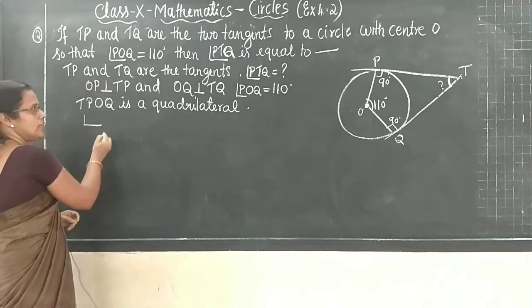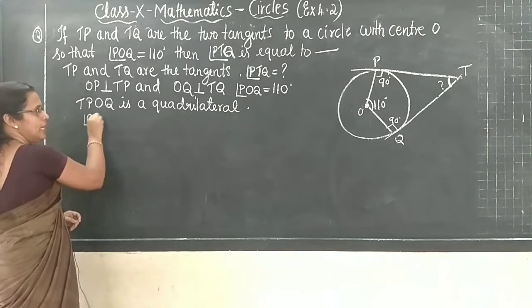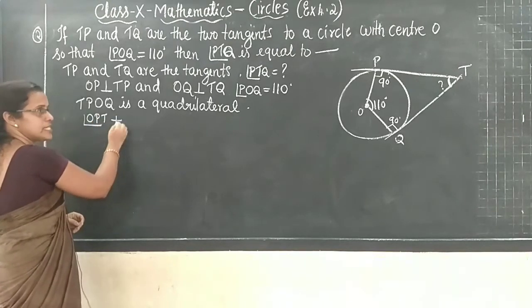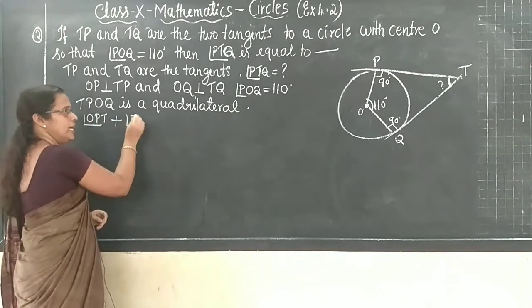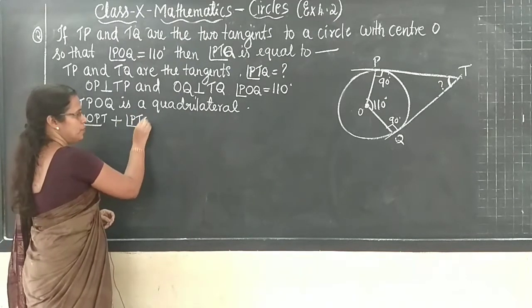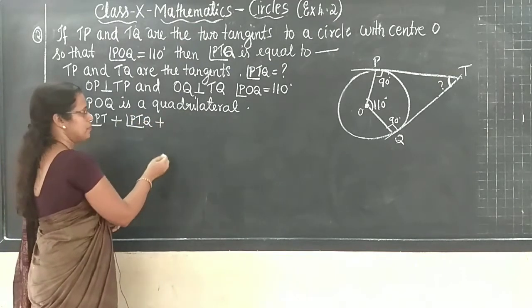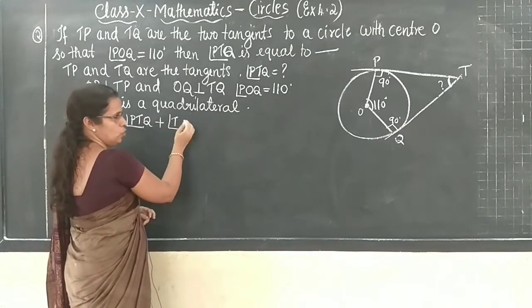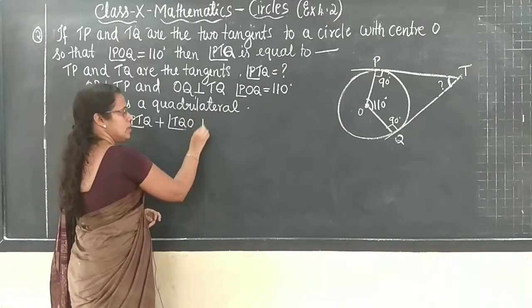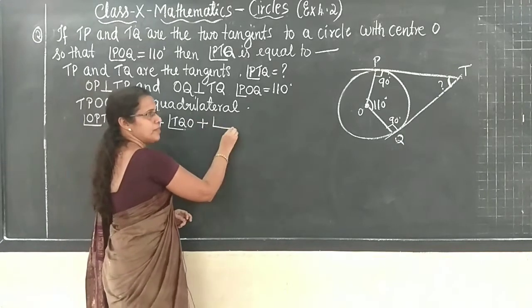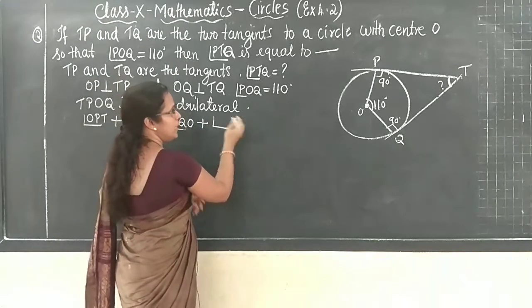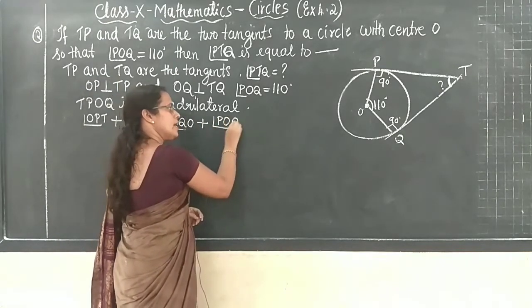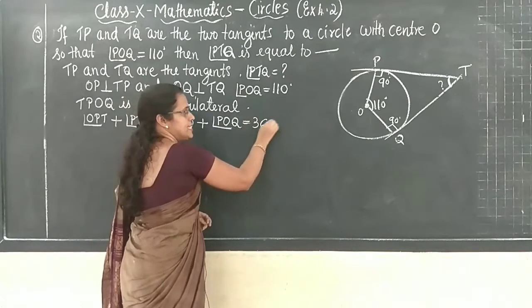See here: angle OPT plus angle PTQ plus angle TQO, then angle POQ is equal to 360 degree.